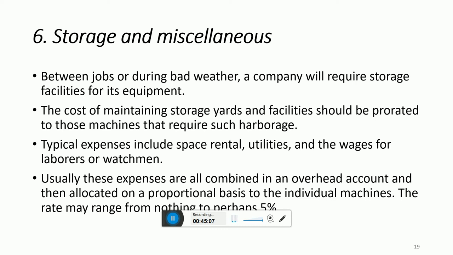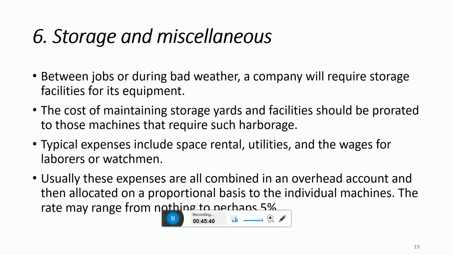The rate may change from nothing to usually 5%, because maybe the contractor or the company has its own storage facilities and staff who look after the equipment, or maybe they don't have any such facilities. So in those cases the cost can be higher.